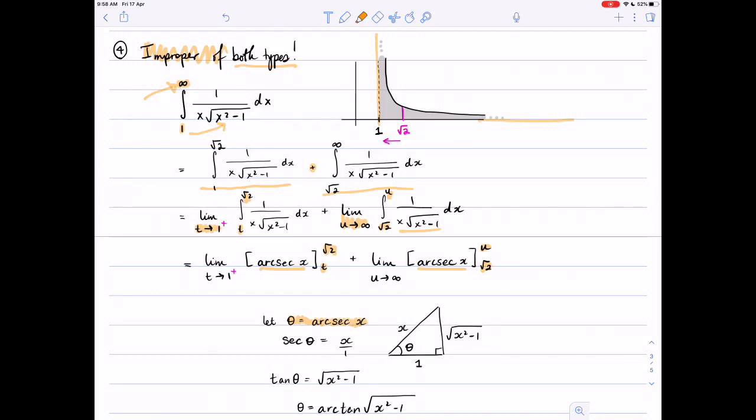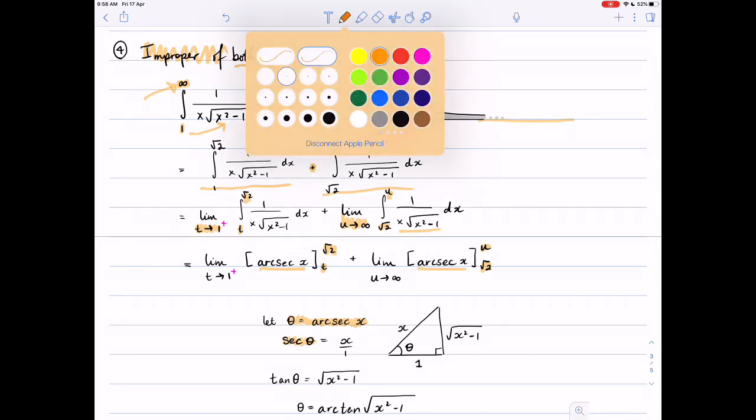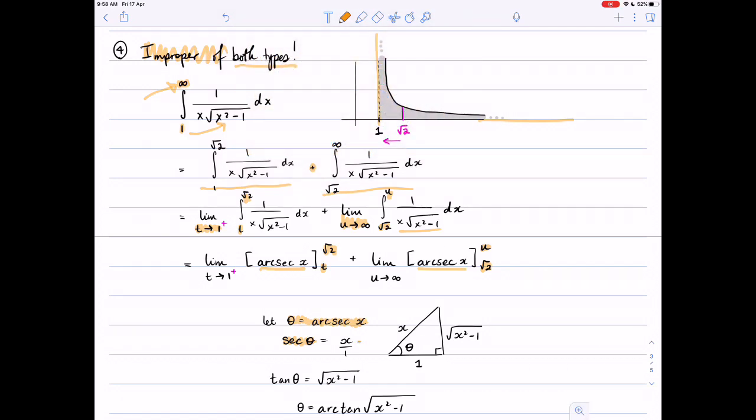These values are all positive, and so I don't have to worry about negative signs or anything like that, and my triangle will give me the correct answer. So if I let theta equal the arcsecant of x, that is telling me that the secant theta is x, or x over 1, which is the hypotenuse over the adjacent.